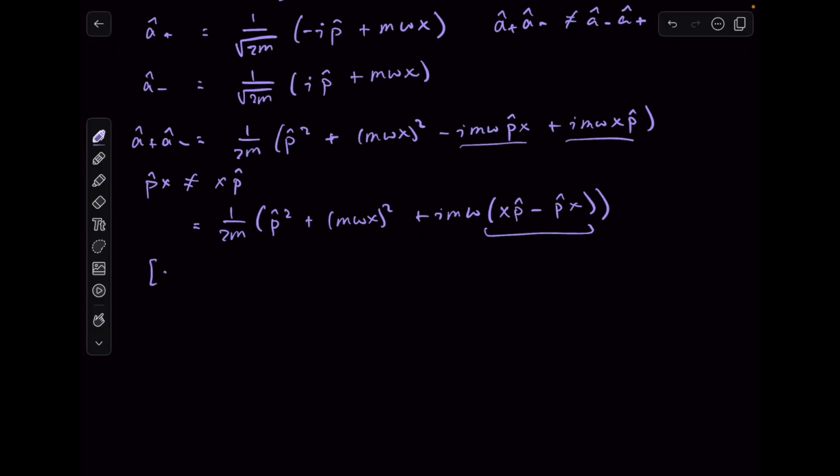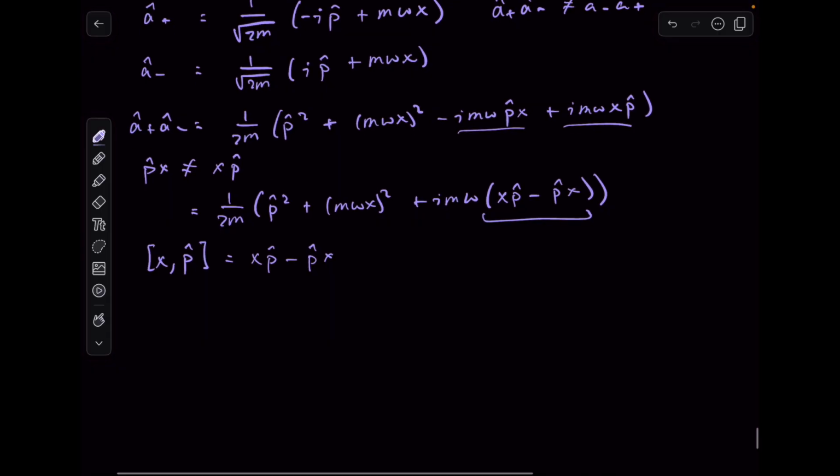In this case, it's the commutator of the position and the momentum operators, and this is equal to what we have written over here. And it's sort of a measure of how much these terms don't commute with each other. So if you want to flip them, you're going to get some extra term, and this is the extra term that you're going to get.